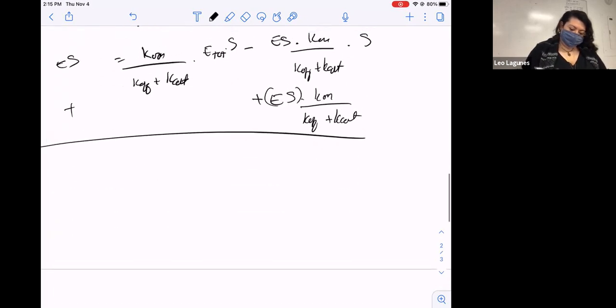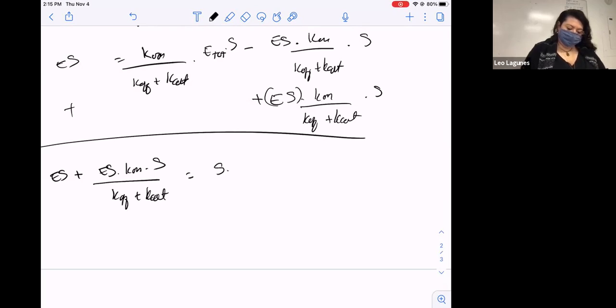So when we add these up, what do we get? ES plus ES times, I think I forgot an S. There we go. Over K off plus K cat is equal to, and then on the left-hand side, we just have S times the total times K on over K off plus K cat.